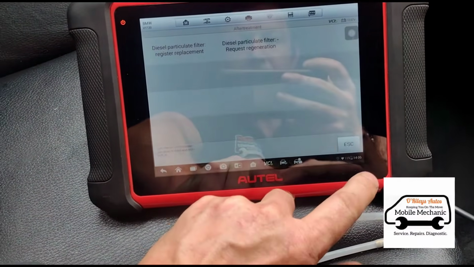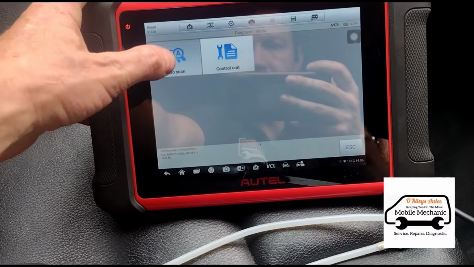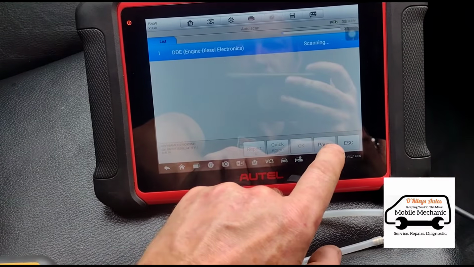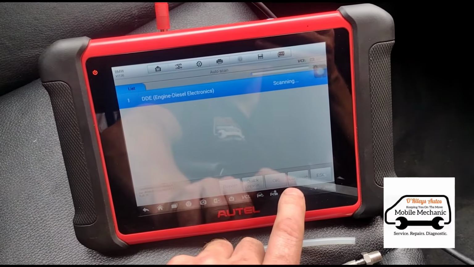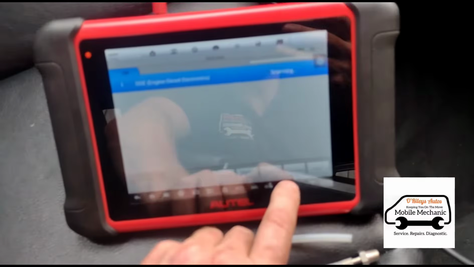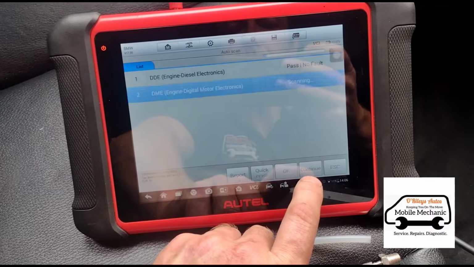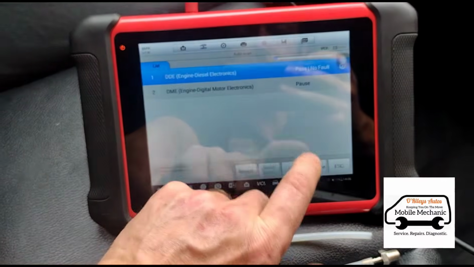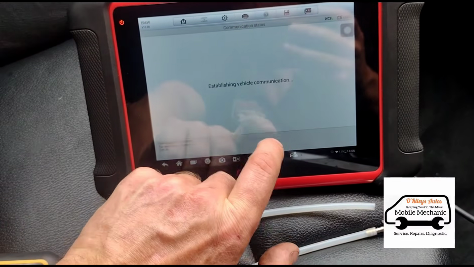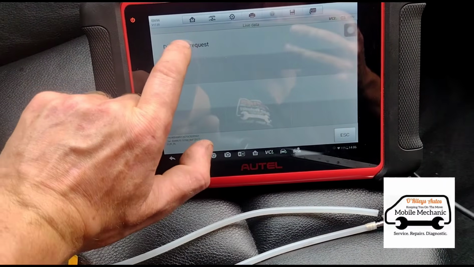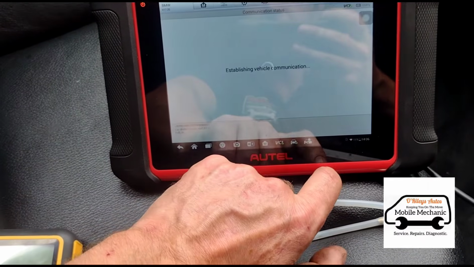So if we now go back to the diagnostics, go into the engine and go back to the live data. Just wait for that to finish. We'll go back in there, go to the live data again, find the DPF pressure and the soot mass, and it should now be on 0.